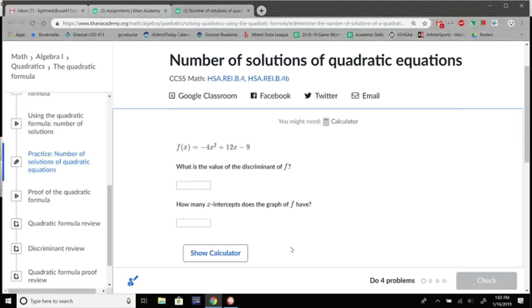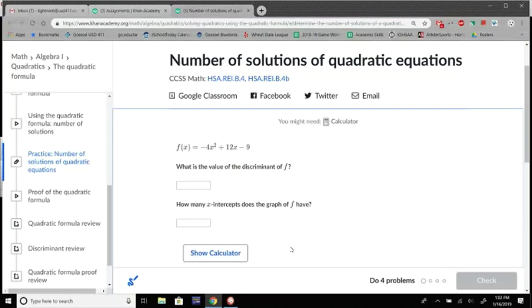X-intercepts: if it's positive, it has 2. If it's 0, it has 1. If it's negative, it has 0. Because if you have complex roots, do you have any x-intercepts for a complex root? No. If you look at those graphs that I drew, that'll tell you what you have.